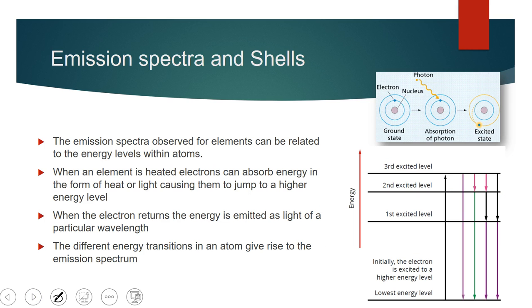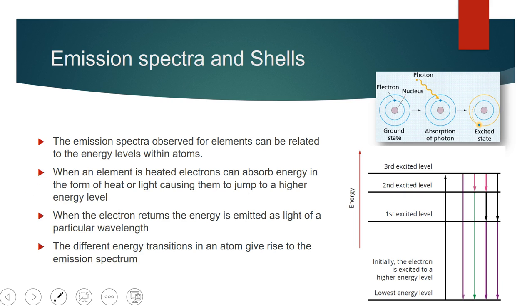So what this means for emission spectra is that electrons can jump from one energy level or shell into another. When it's heated or absorbs light energy or heat energy of the right amount, the electron can jump up to a higher energy level and then return. Which energy level it lands on when it returns determines the amount of energy, or the color of the light, that we see when it comes out.